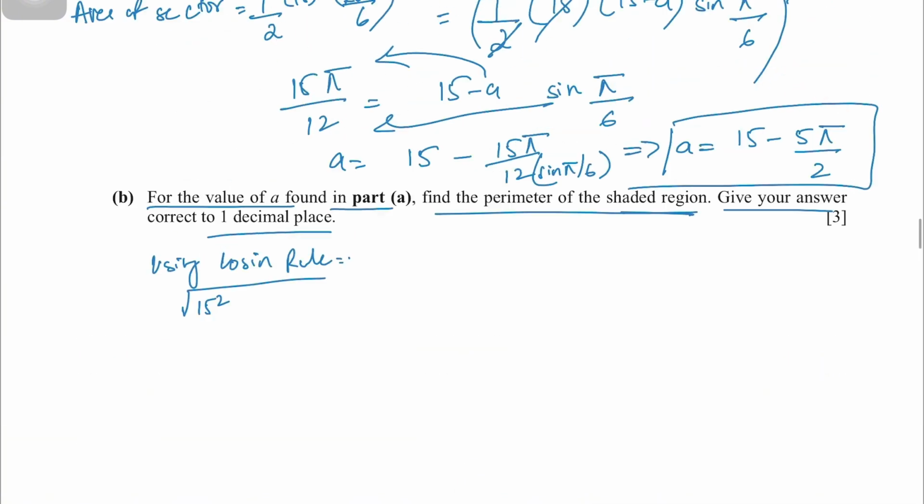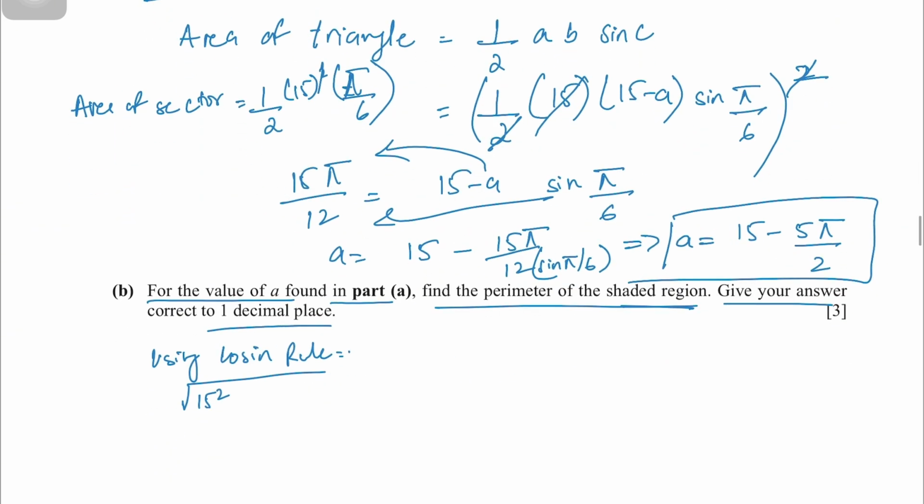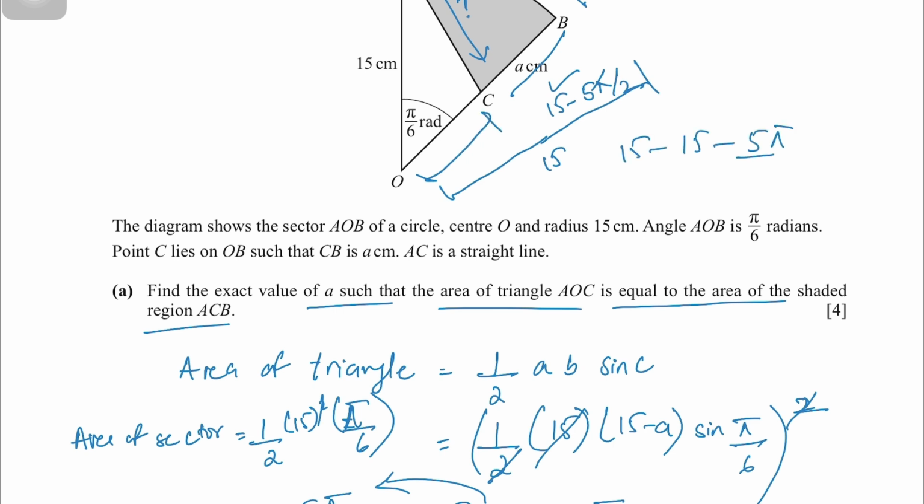So this would be root of 15 squared, and this was 15 minus 5 pi by 2, and this altogether is 15. So this would be 15 minus 15 minus 5 pi by 2, positive 5 pi by 2. So this would be cancelled out.